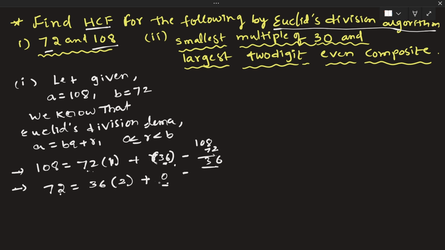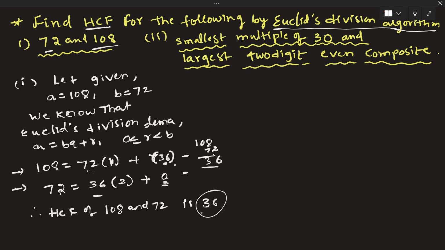Okay, so in this procedure we can observe that for 72 and 108 we got the remainder 0. At which divisor are we getting remainder 0? At the divisor 36. So the divisor itself is considered the HCF value. Therefore, the HCF of 108 and 72 is how much here? 36.